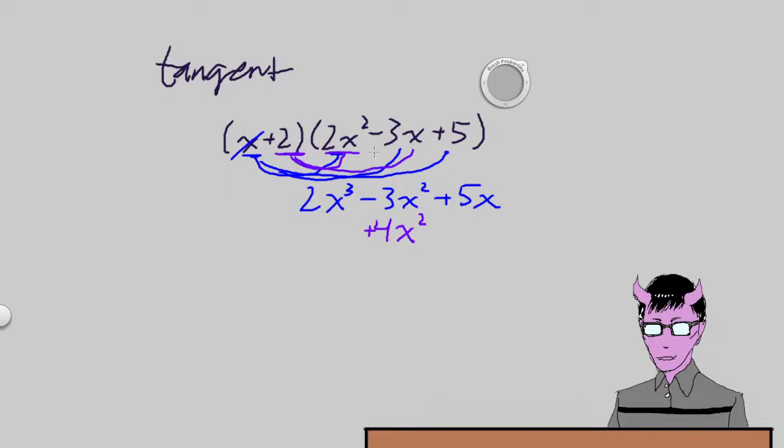And then this one times this one yields negative 3 times 2 is 6, so negative 6x. And then lastly, this one times this one, positive 10. We finished distributing that 2 to each of those 3. Remember, this is a 2 by 3 distribution, so we should end up with 6 terms right off the bat. We do have 6 terms. So when we're getting to summating those, the bookkeeping basically makes things very visually easy.